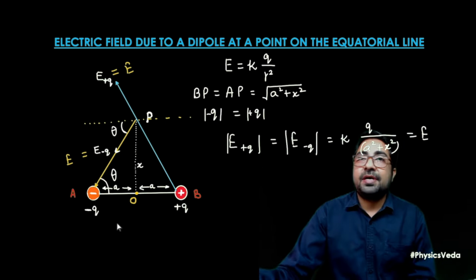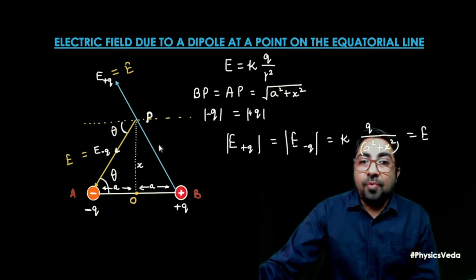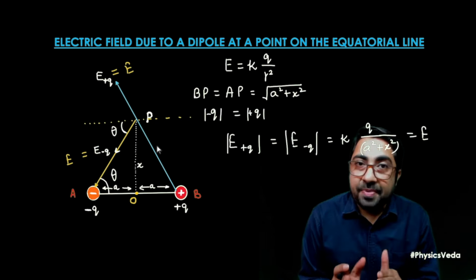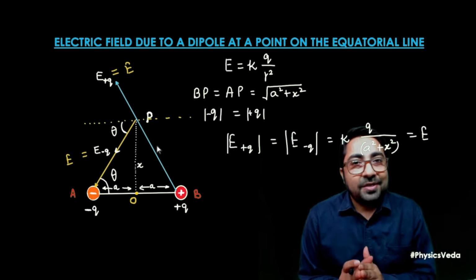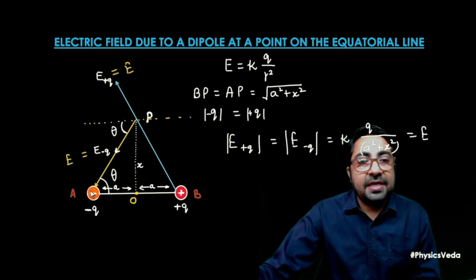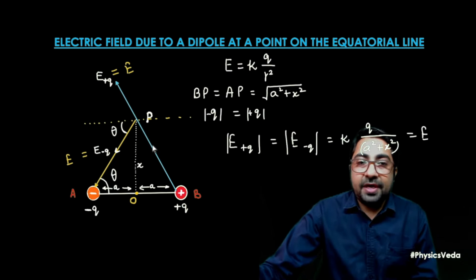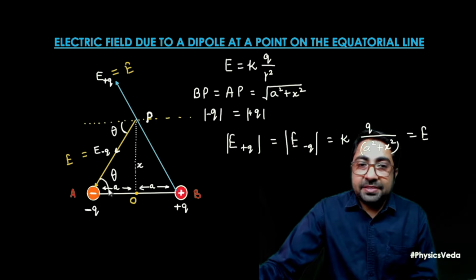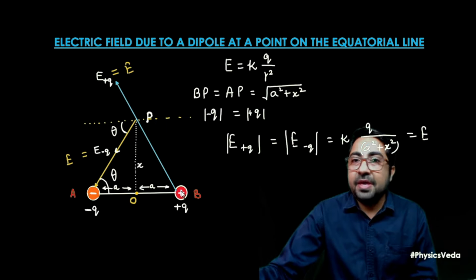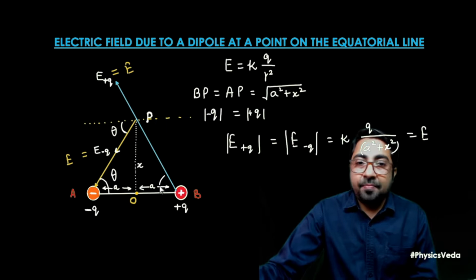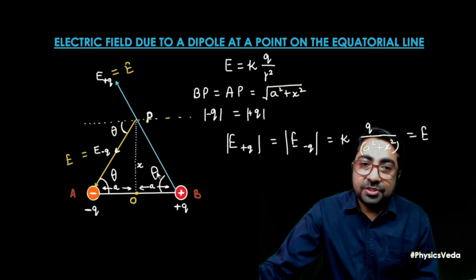Since both sides, BP and AP, are equal, this triangle is an isosceles triangle. So if angle PAB is theta, then angle PBA is also theta.